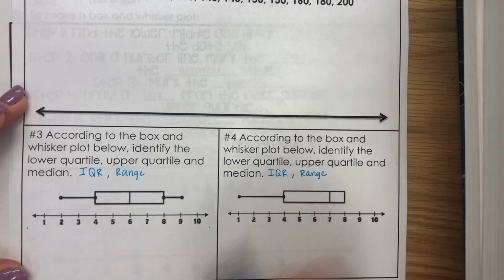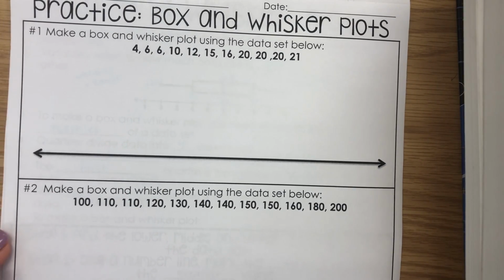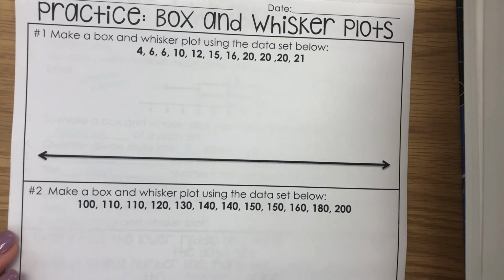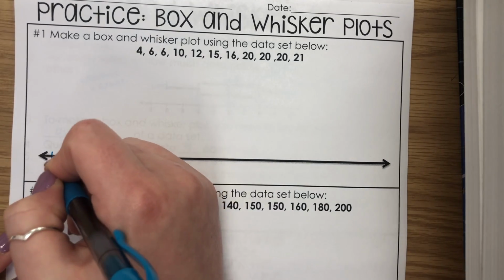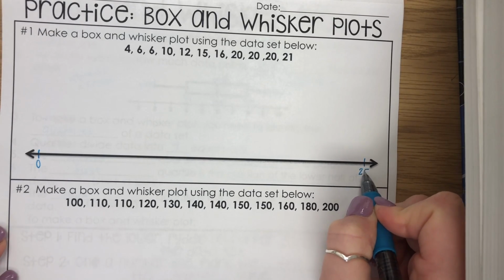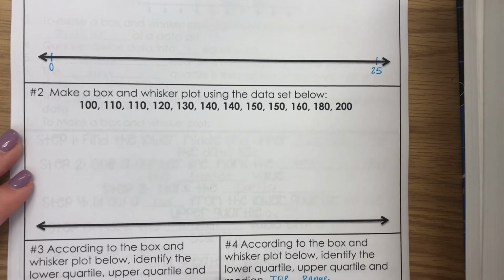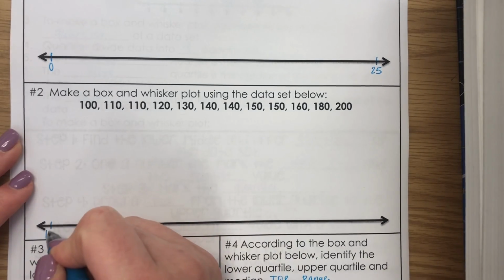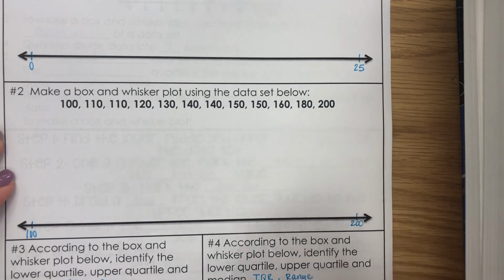Okay. And then going back up to number 1, we're going to have to create our number line. So we're going to have to number the number line. So we're going to need the number line to go from 0 to 25. Okay. And the second one, we're going to need it to go from 100 to 200.